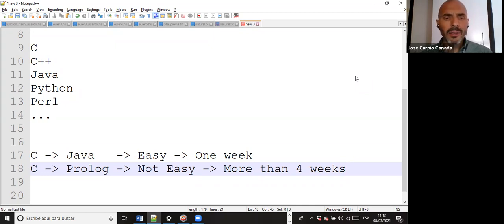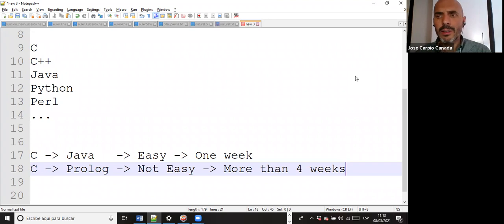Because at the beginning I tried to do it the same way that I did with other programming languages like C or Java. That's usually the way to learn this type of language: talk about syntax and loops and how to define structures or something like that.